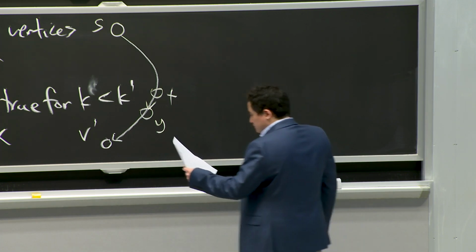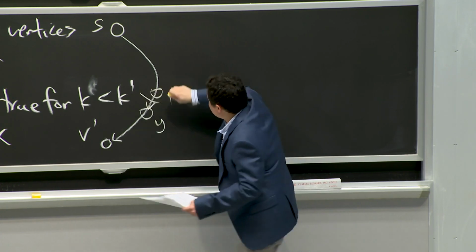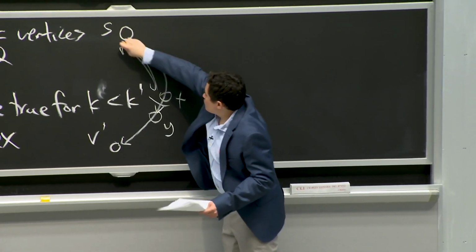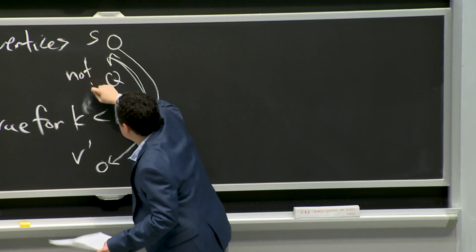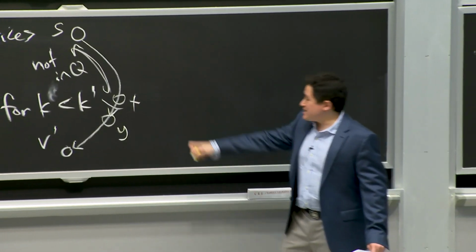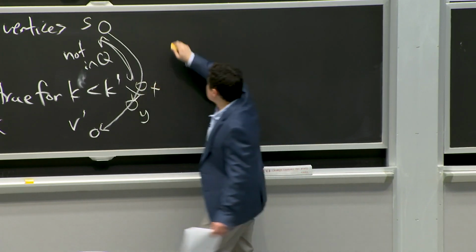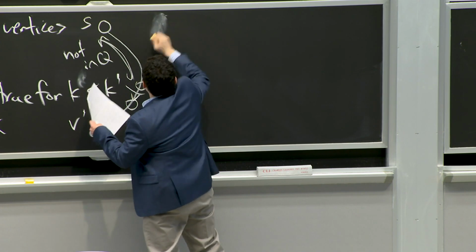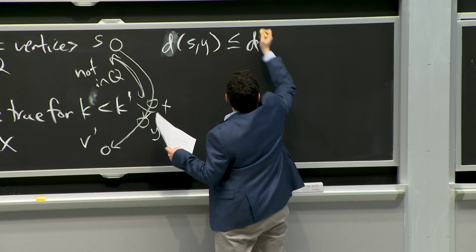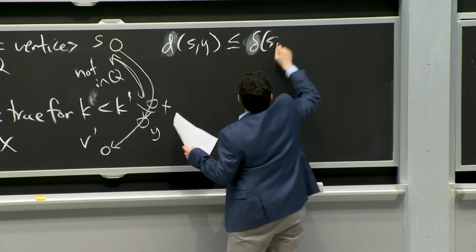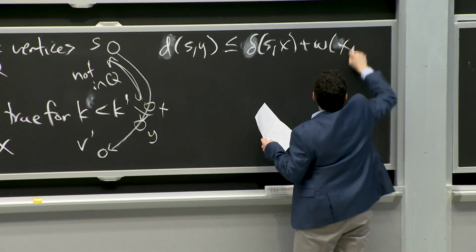Well, what do I know? I know that X is not in the queue, right? Everything here was popped from the queue, which means that by induction, the shortest path distance was set here correctly, so that the distance estimate at Y can't be bigger than the shortest path to X plus w(X,Y), okay?